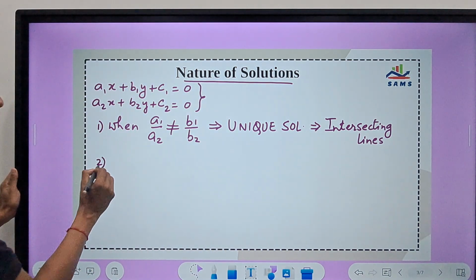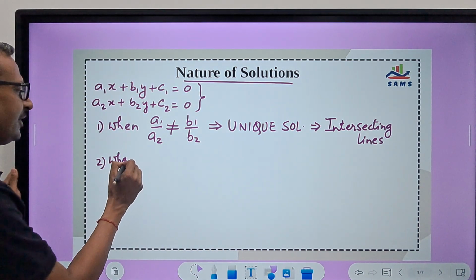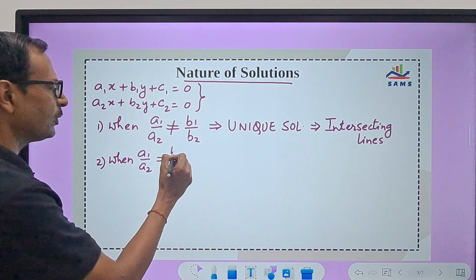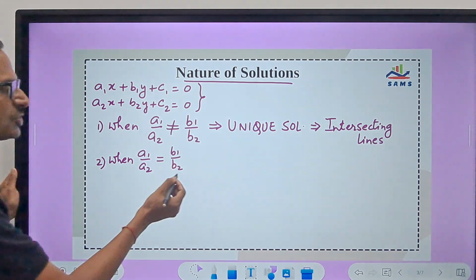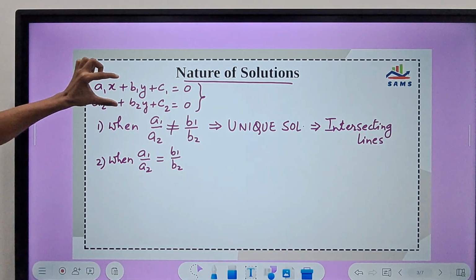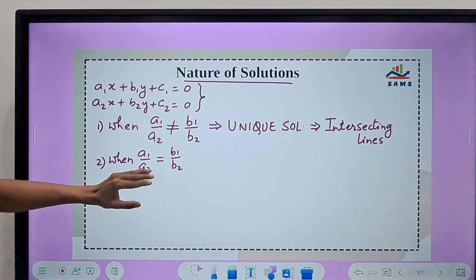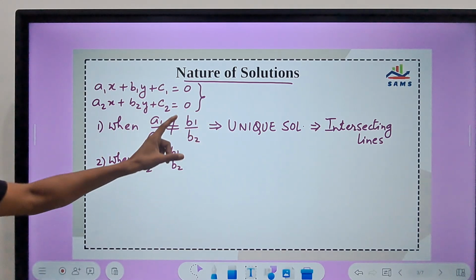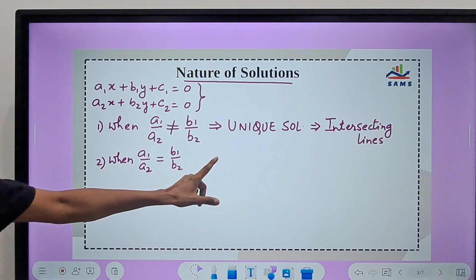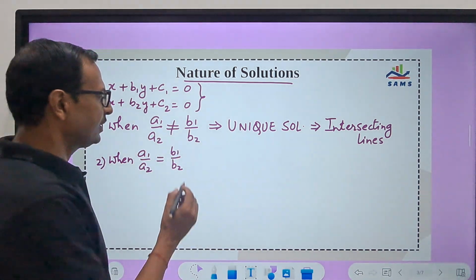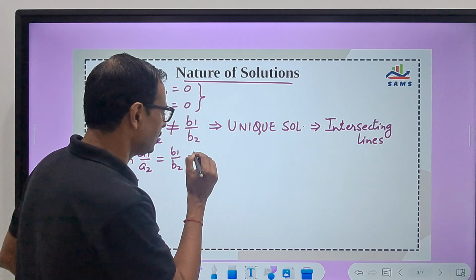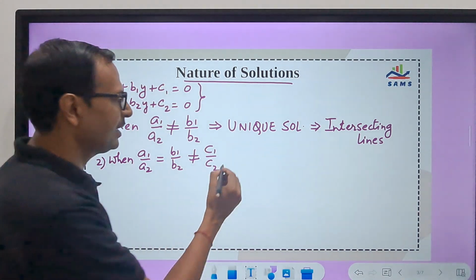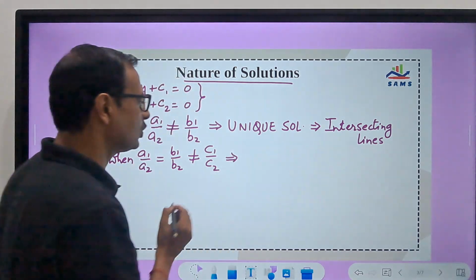The second condition arises when we have a1 upon a2 being equal to b1 upon b2. Now whenever the first two ratios become equal, then we have to see the third ratio, that is c1 upon c2. If the third ratio is not equal to the first two ratios, then we have a different nature of solution.